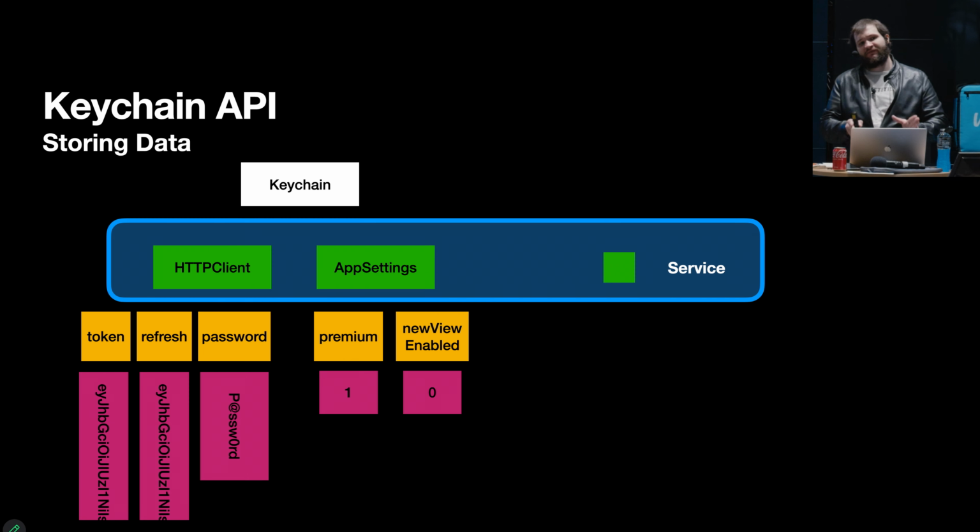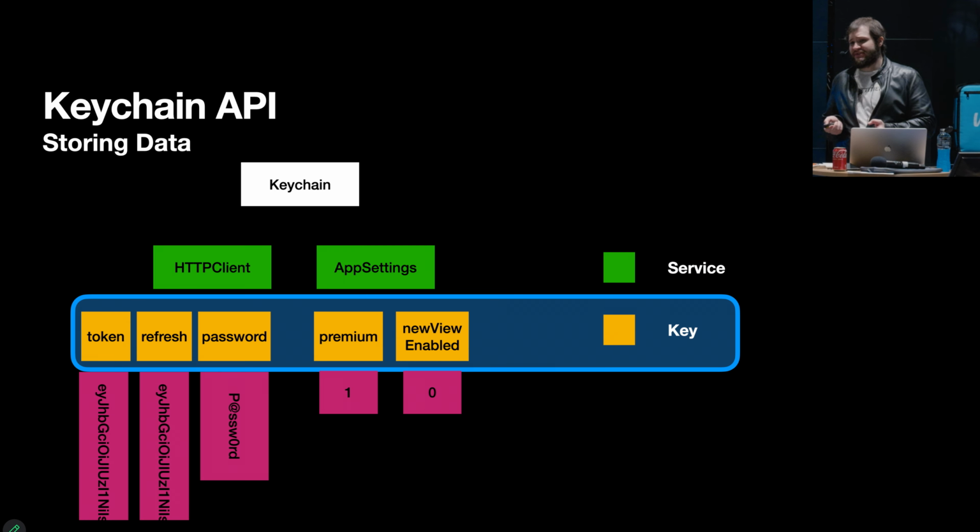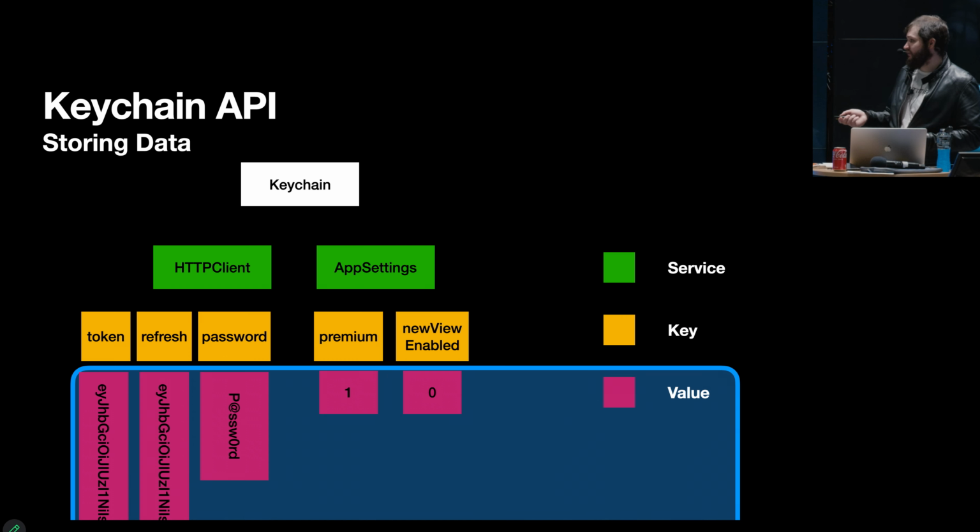It's sort of a group of items stored together. And each of those services will have multiple keys for each value. Like you can have a token stored, or refresh token stored, or password. And all of that is stored as the value for that key. It's a classic key value storage. So actually, it's very simple.